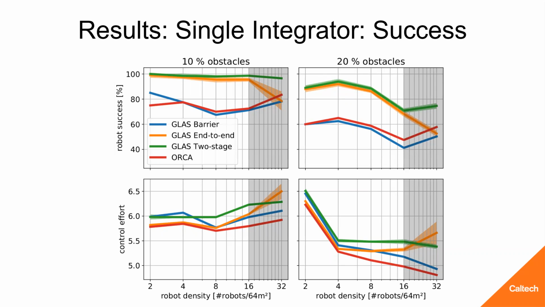One interesting thing is that the end-to-end learning did have slightly better control effort compared to the two-stage learning. But for us, it was surprising that end-to-end learning did not really improve the success rate. In fact, if you train end-to-end with the differentiable safety module, the success rate is slightly lower compared to the two-stage.